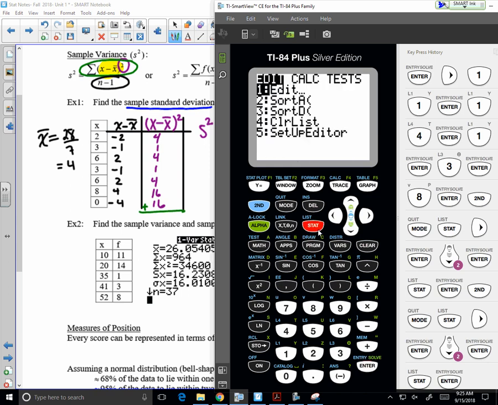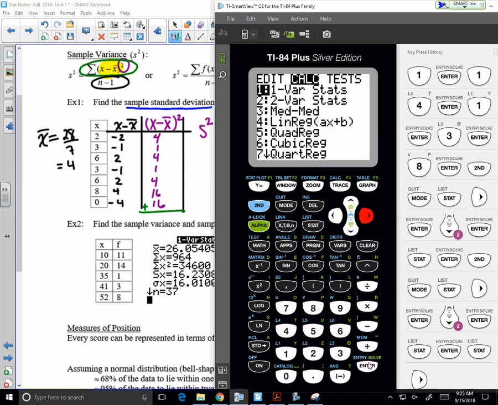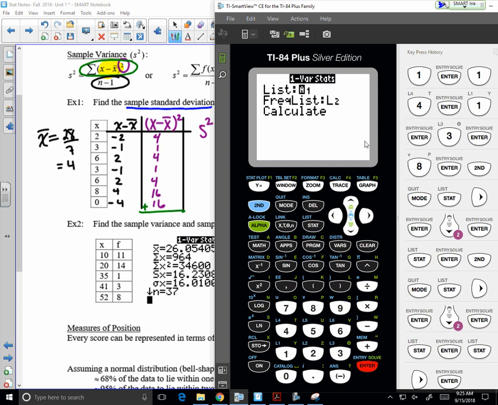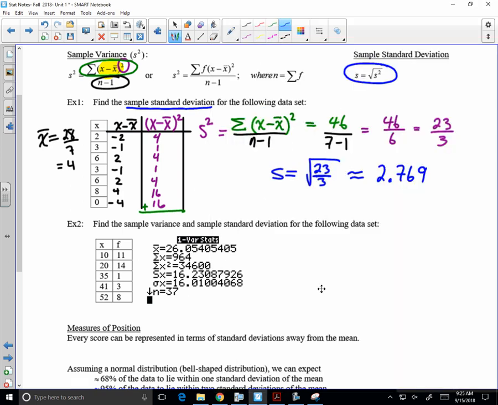That's it, right? Yeah, that's perfect. All right, so we have Sx right here, but they asked us for something else. They said find the sample variance and the sample standard deviation.